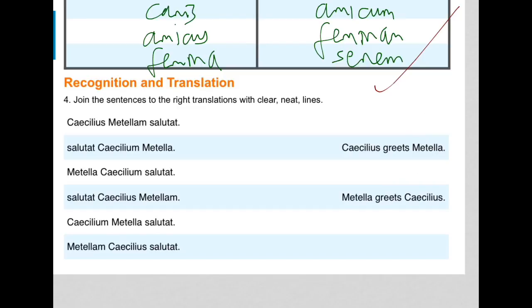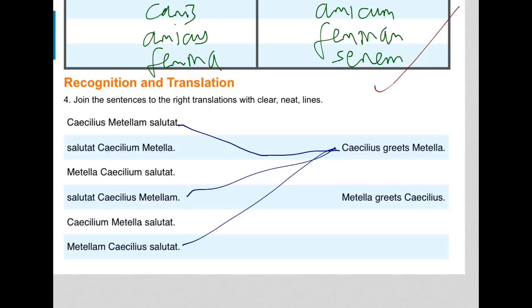So let's find the M's. There's one with Metellam, and there's one, and there's one. You see, each of these three has the M on the end of Metella. There it is, there it is. So in each one of those three, Caecilius is greeting her. So the others must be the other.